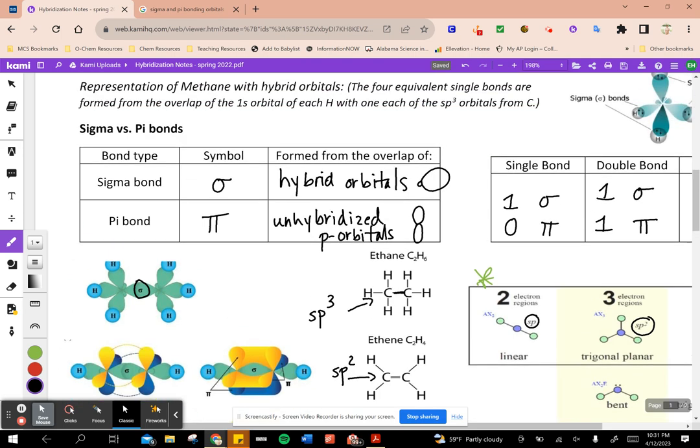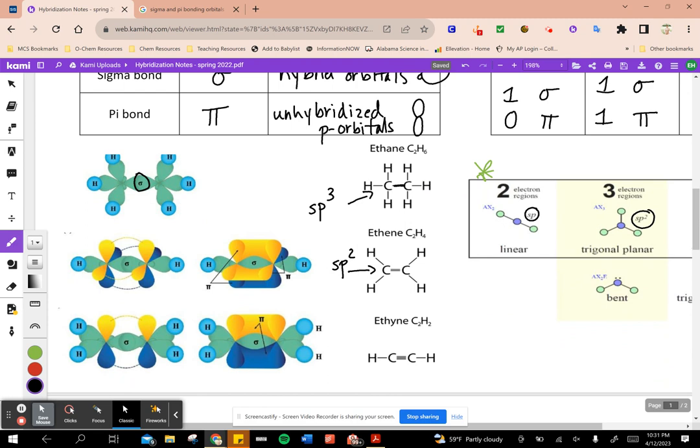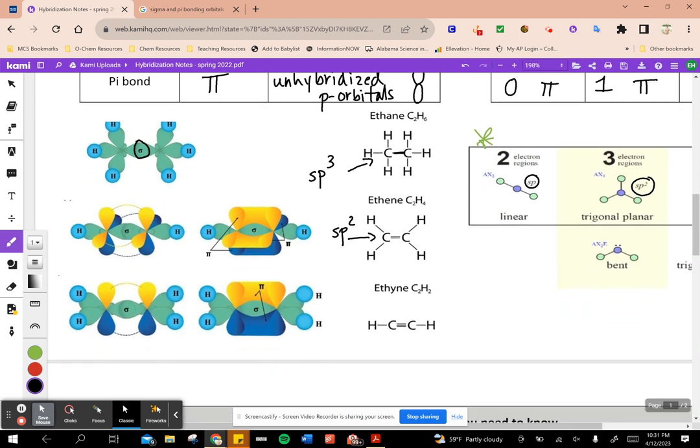They've mixed most of their orbitals, but each of those carbons would have one unhybridized p orbital as well. It's that unhybridized p orbital that forms the double bond. And then the single bond, that sigma bond, is there in the middle.